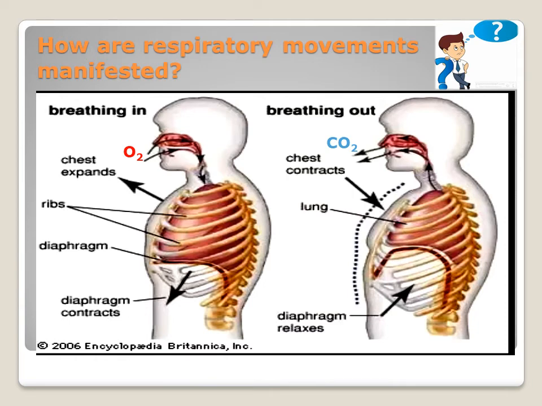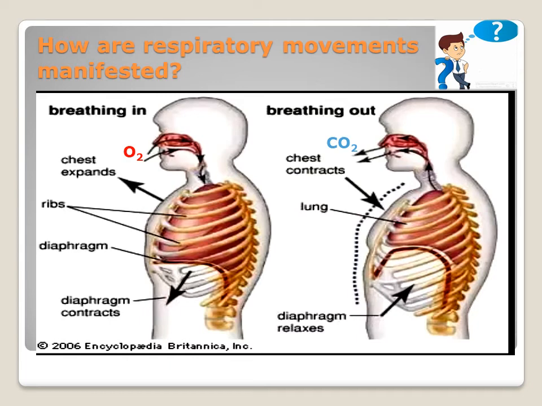So how are these respiratory movements manifested? Inhalation and exhalation are manifested through the action of your chest and are controlled by your ribs, which are parts of your thoracic cage, and by your diaphragm. When you inhale air rich in oxygen gas, your chest expands, it moves up. Your thoracic cage increases in volume since your lungs will be filled up with the inhaled air, and your diaphragm contracts and moves downward.